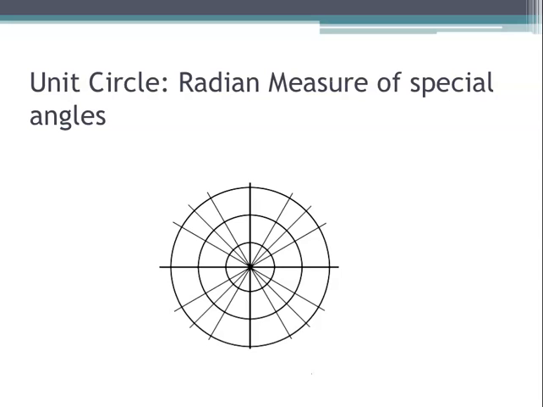Now, this big spider web thing that you see here is what we call the unit circle. There are certain angle measures that relate to the special right triangles that I made you memorize, along with the sine, cosine, and tangent of those angle measures.